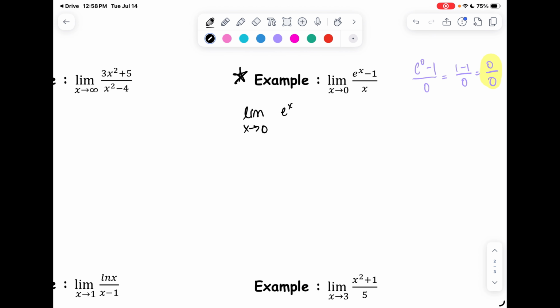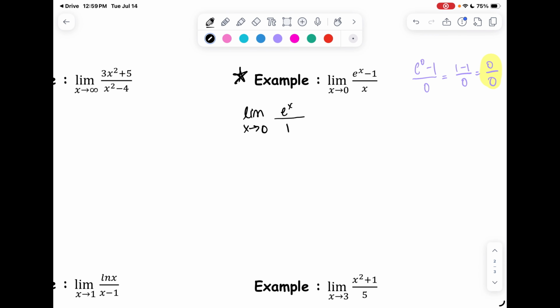And the derivative of negative 1 is 0, so in the numerator, we are just left with e to the power of x. If we now move on to differentiating the denominator, the derivative of x is 1, so we are just left with 1 in the denominator.